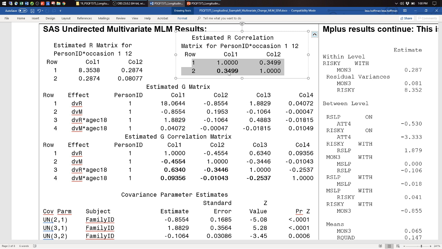What this means is that if risky behavior is higher than the trajectory thought it would be at a given occasion, monitoring is also higher to some extent than the trajectory thought it would be at that same occasion. Those offnesses, if you will, those residual deviations, are correlated 0.35.